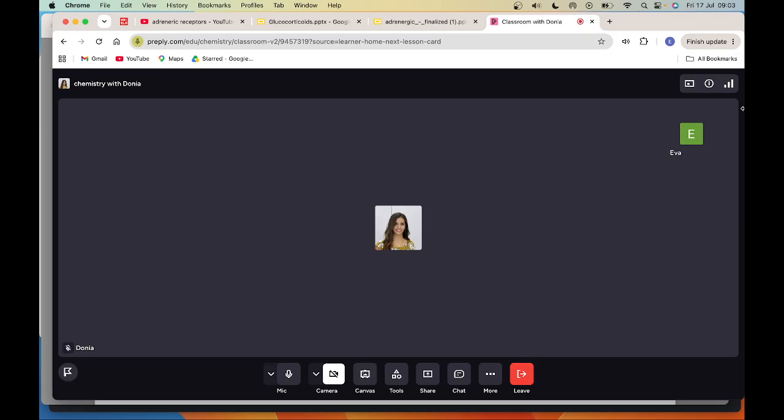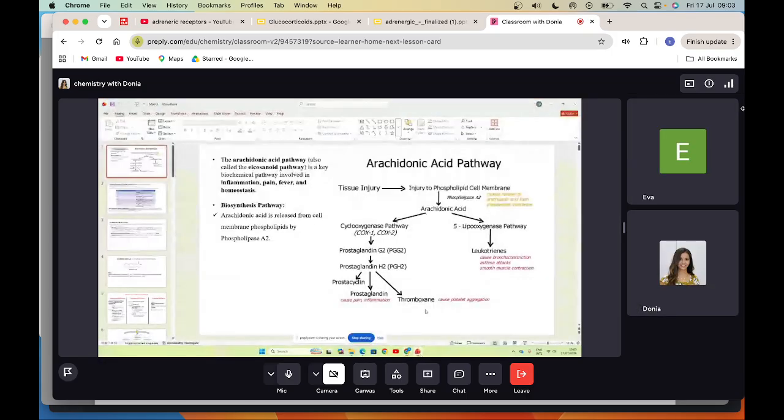Oh, sorry, I didn't share the slides, right? Can you see the slides now? Okay, great. So it's released here from the phospholipid bilayer by the action of phospholipase A2, the arachidonic acid.